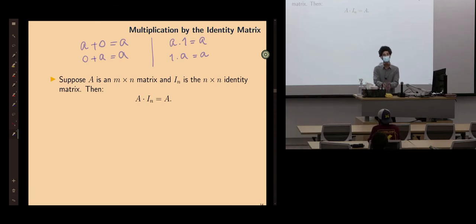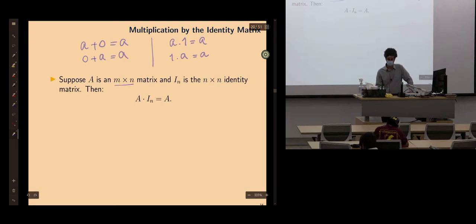And in fact, it's true for 1 by 1 matrices, just scalars. Now, we are talking about matrices. It's no longer, in general, commutative. And we are going to define it for a rectangular matrix. Suppose A is a rectangular matrix with m rows and n columns.